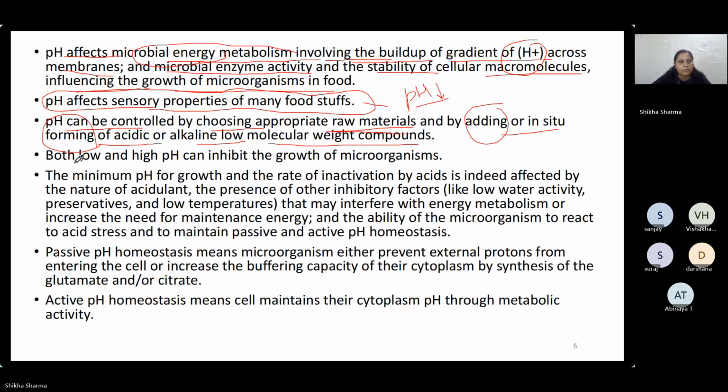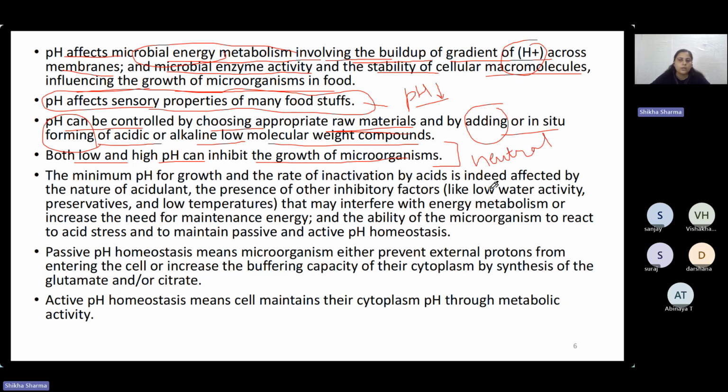Also, both low and high pH can inhibit the growth of microorganisms. Microorganisms will grow mostly in the neutral range, around 6 to 7.